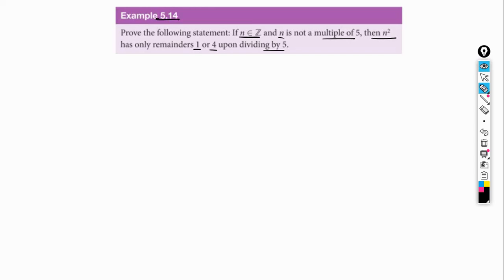So notice that if n is not a multiple of 5, then when we divide n by 5, we would have remainders 1, 2, 3, or 4. So that means that we have to do a direct proof by cases. Now, first case is if n has remainder 1.